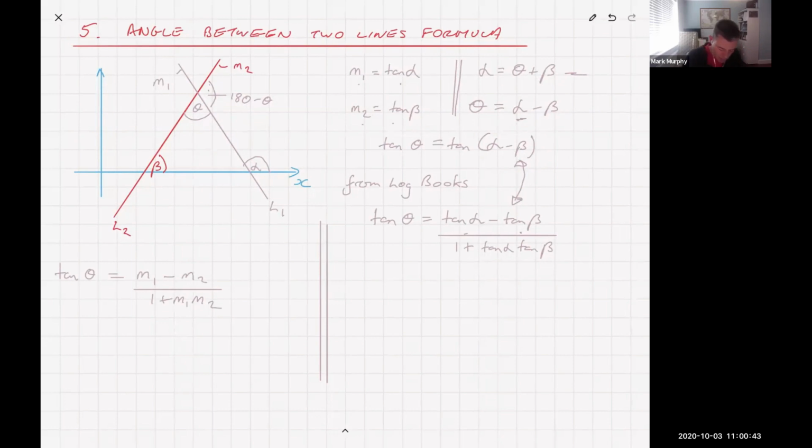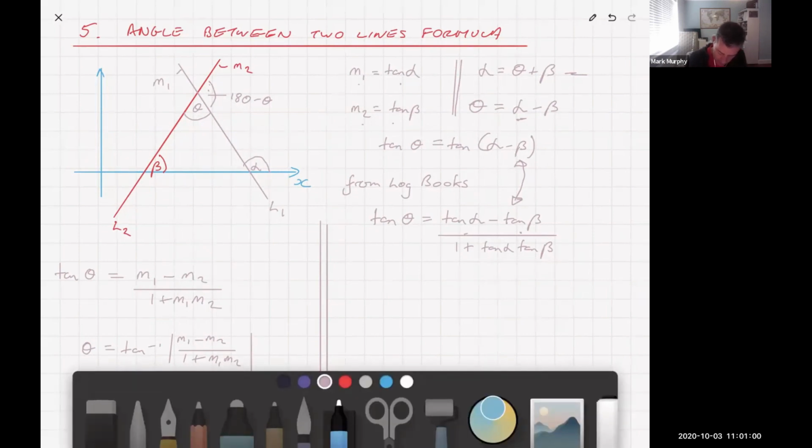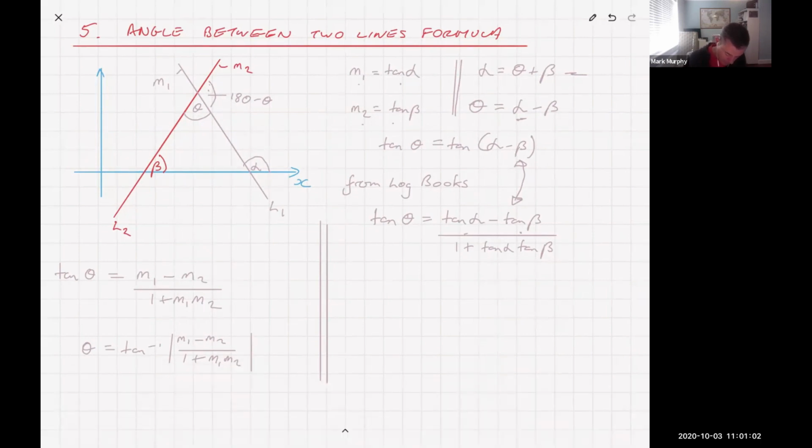So rewriting that, the angle, that's what we're looking for, is the tan inverse of M1 minus M2 all over 1 plus M1 M2. Let's put a box around that. That's the angle between two lines formula, and that's how you derive it.